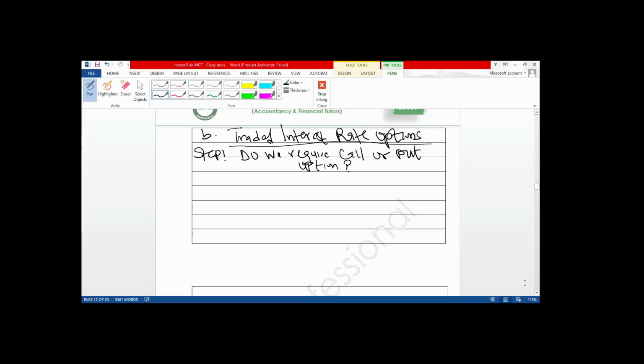For this particular question, the company in question is planning to borrow money.